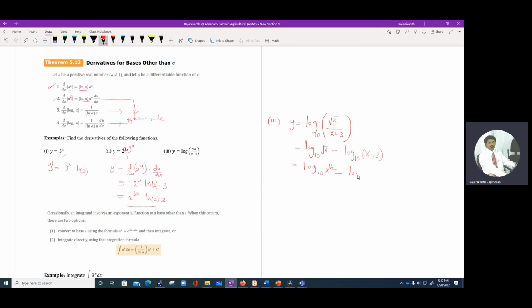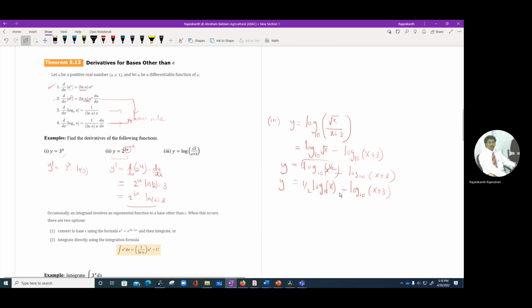So by using the log property again, you could pull the half in front of the log function. So this is half times log base 10 of x, then subtract log base 10 of x plus 3. This is y, right? The question is finding the derivative of these two functions.